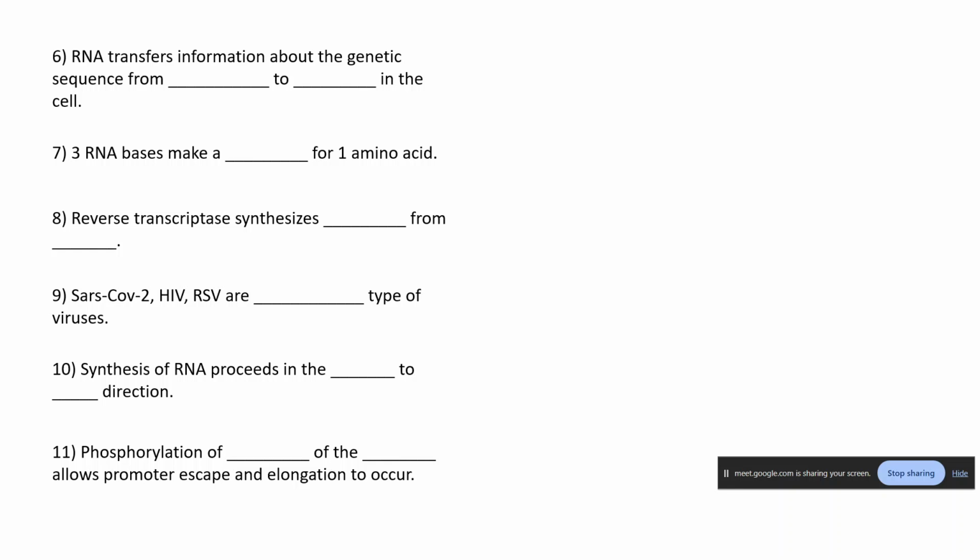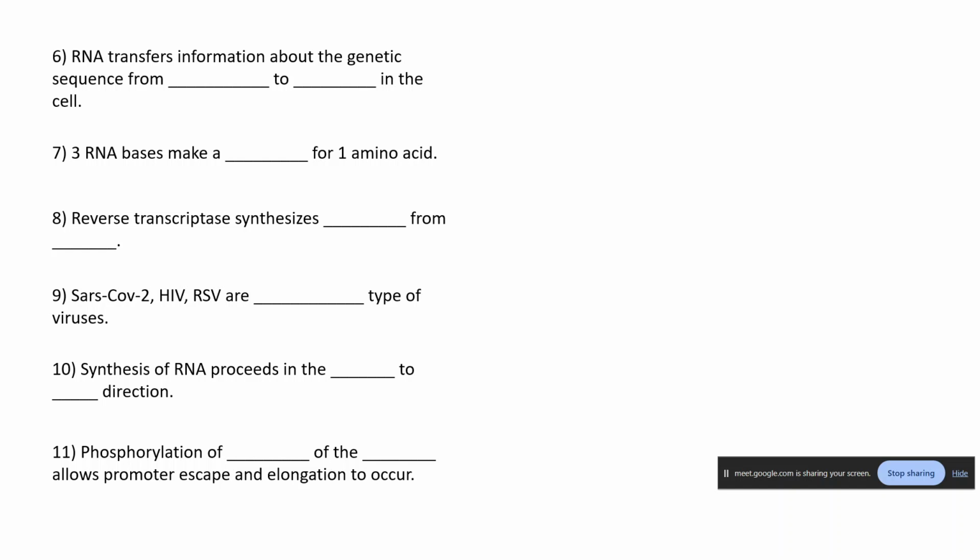So, do you know why we need to phosphorylate the carboxy terminal domain of the RNA pol? There are two reasons for that. One is promoter escape. RNA pol needs to bind via its CTD to the promoter, enhancer, all of that complex that's there.